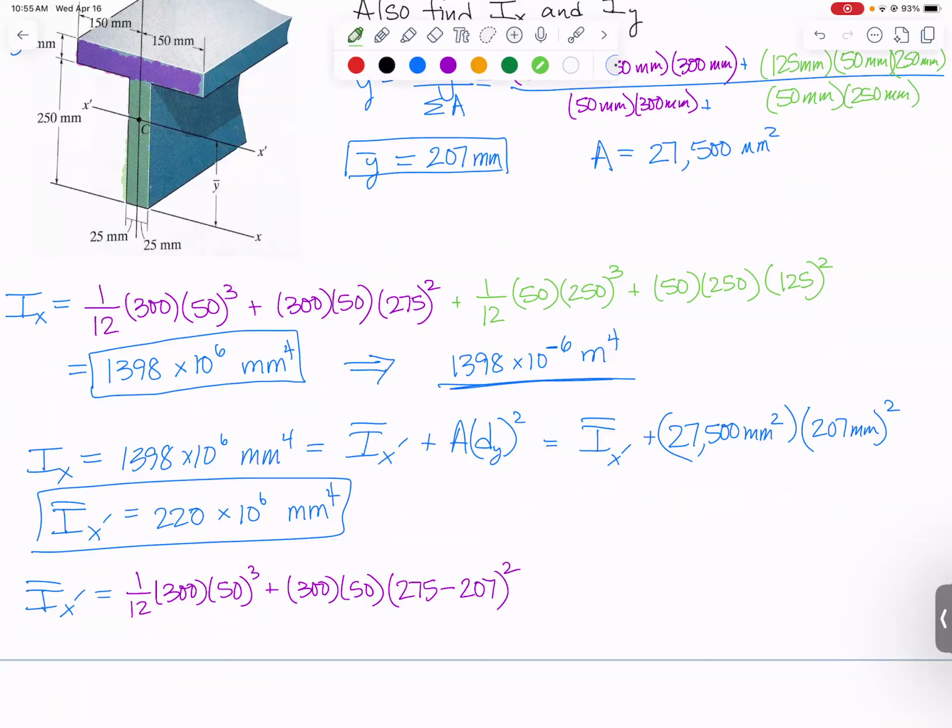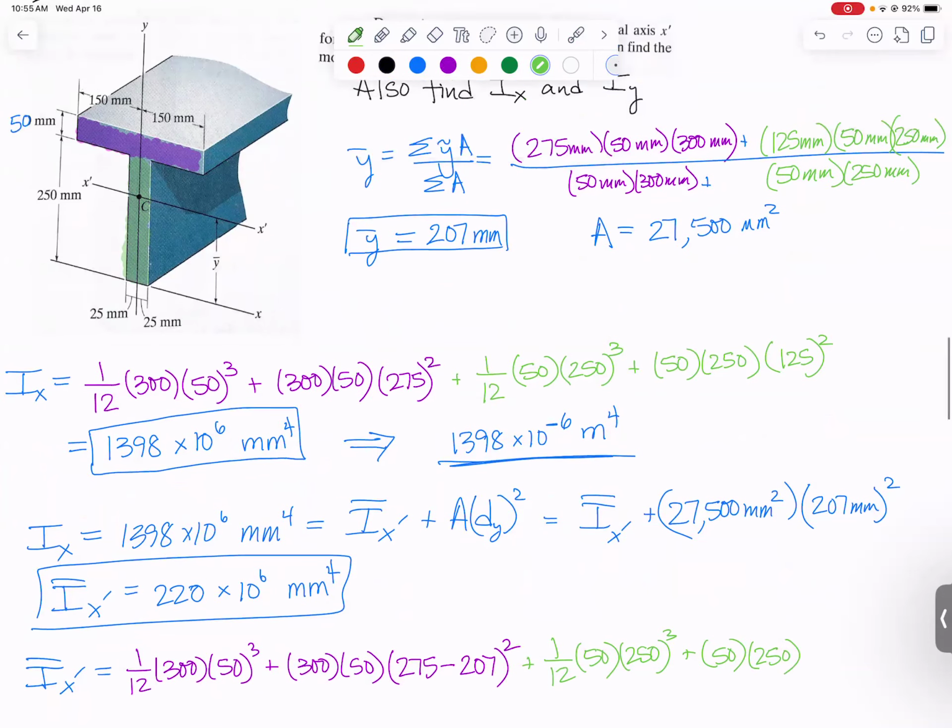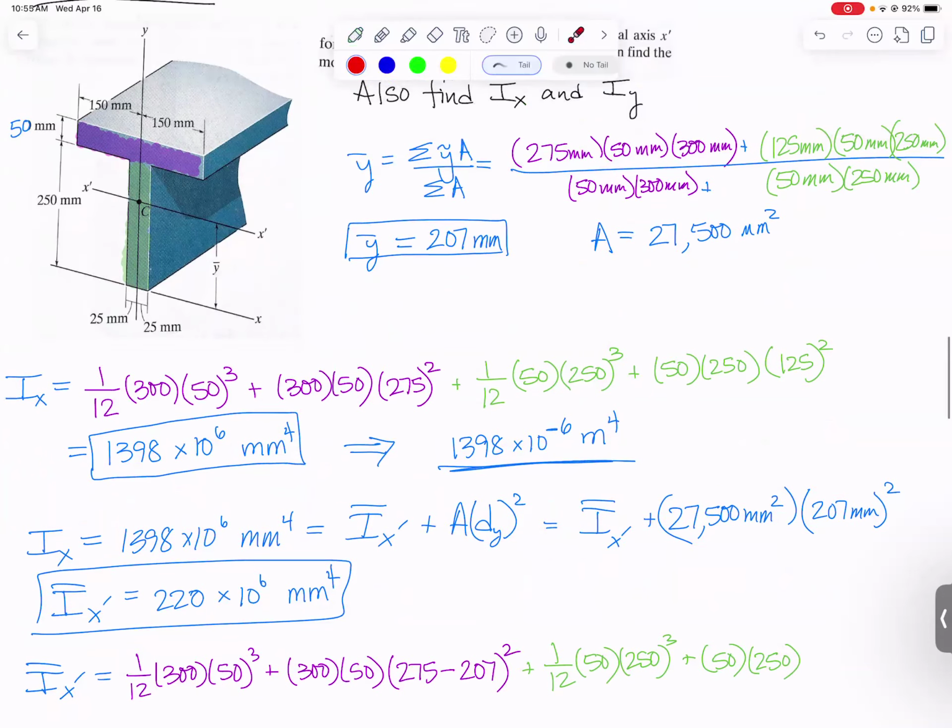And then let's do the green rectangle. We'll end up with the same thing, 1/12, 50, and the 250 gets cubed. The area is 50 times 250, and then the distance is going to be not the 125 millimeters that went from the centroid of the green rectangle to the x, but I want the distance between the centroid and that 125.